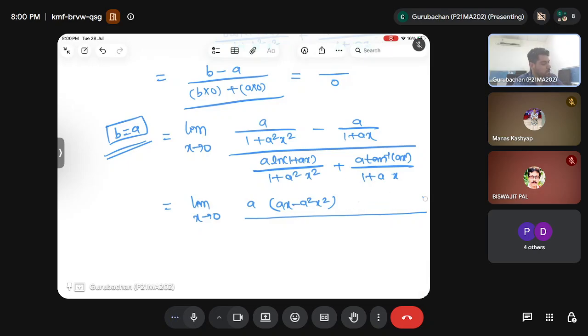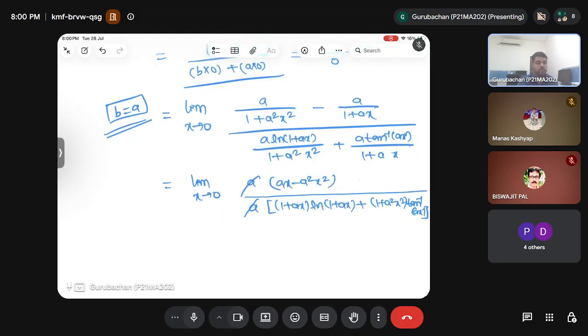You will be left with a common, 1 plus ax ln 1 plus ax plus 1 plus a square x square tan inverse of ax. Tell me if I wrote anything wrong. I'm sure it is correct.